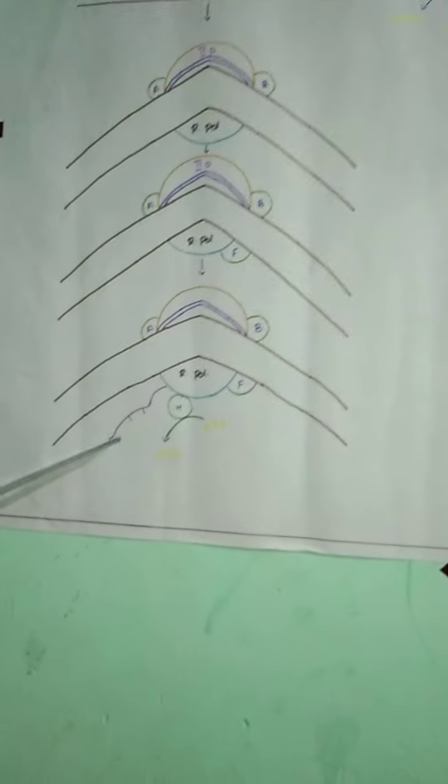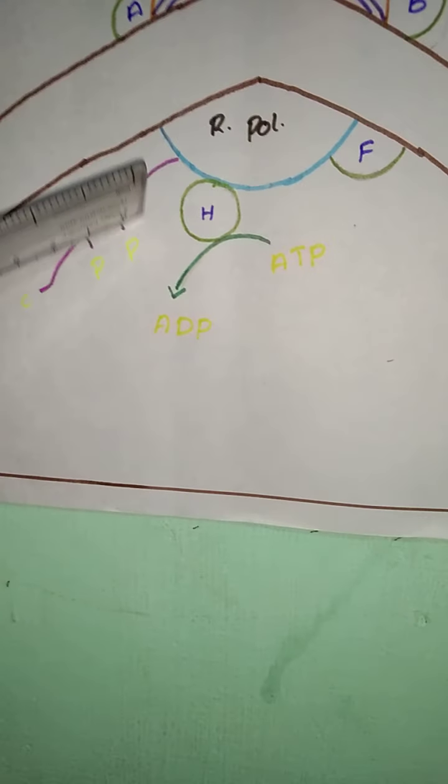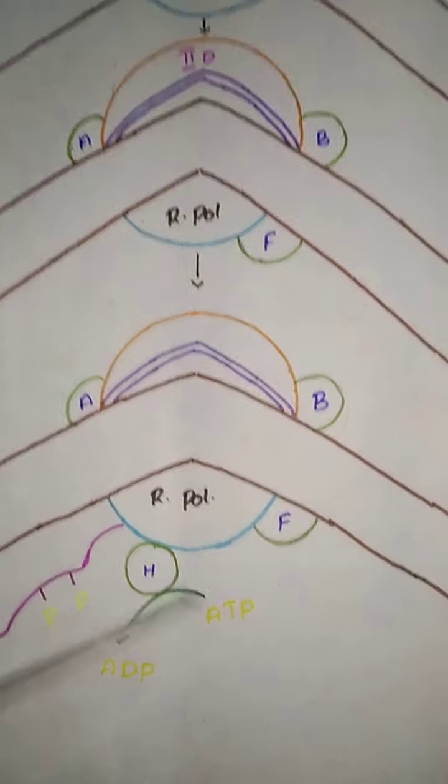At the C terminal, the phosphate group is attached. This phosphate group is activated by the H protein in the phosphorylation process. So the promoter will open and the polymerase also moves along the DNA strand.